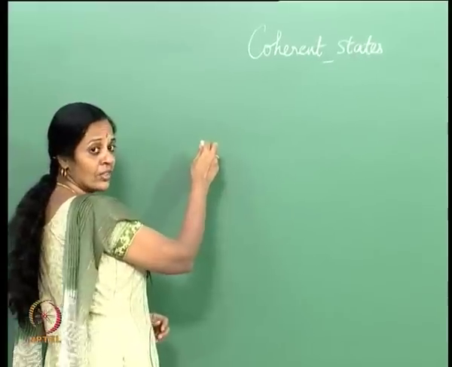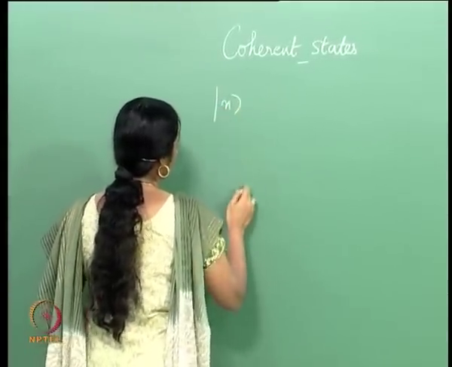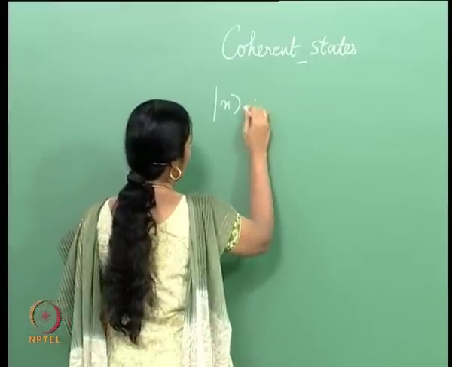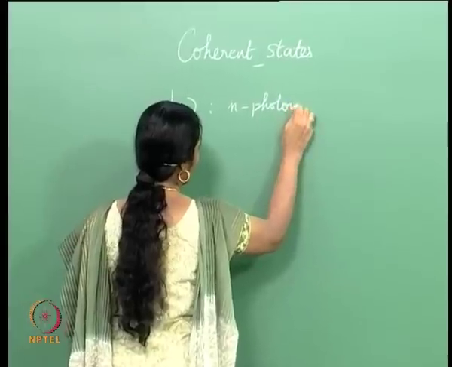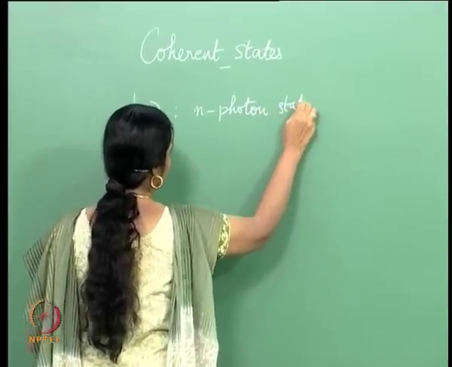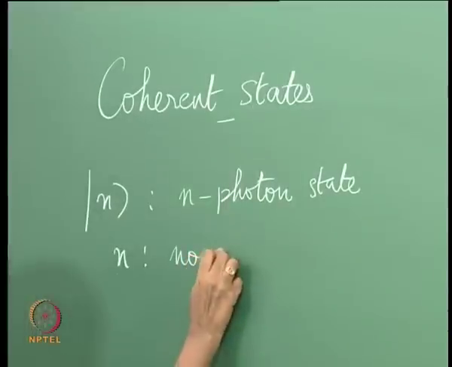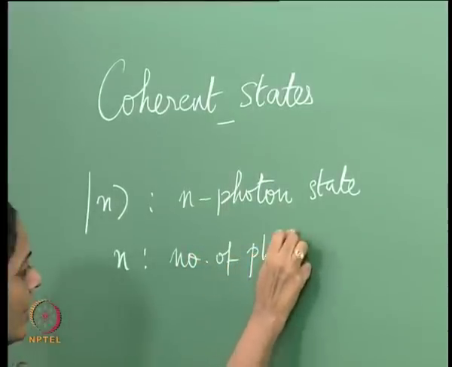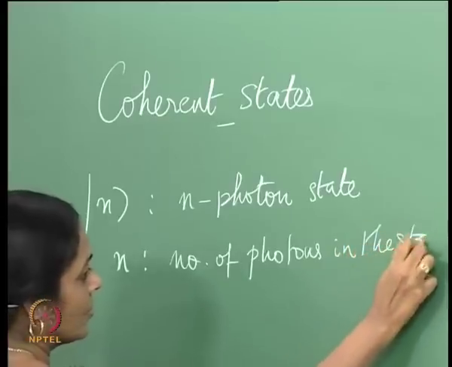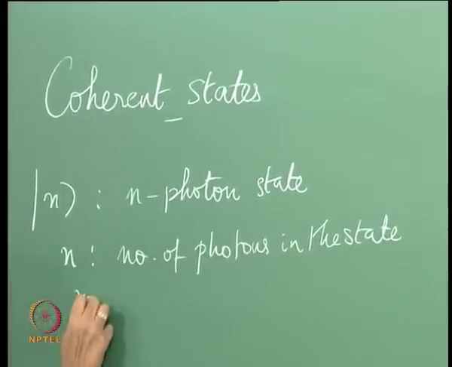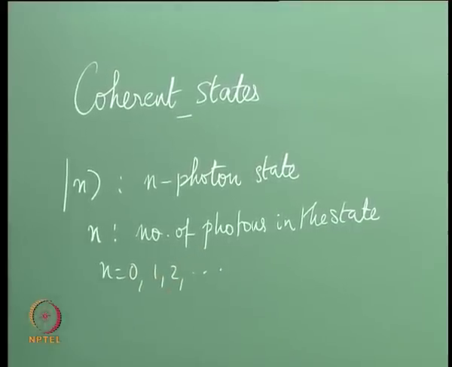Just for recapitulation, in quantum optics, ket n would be the n photon state, which means the label n is the number of photons in the state, so that n can take values 0, 1, 2, and so on.